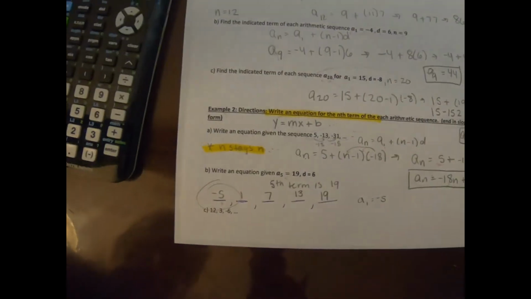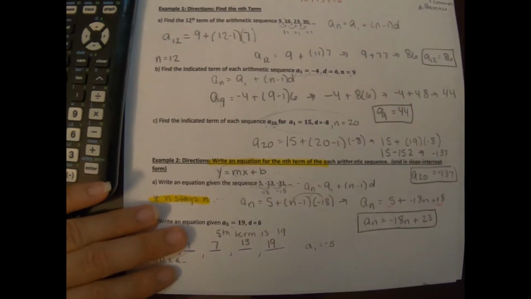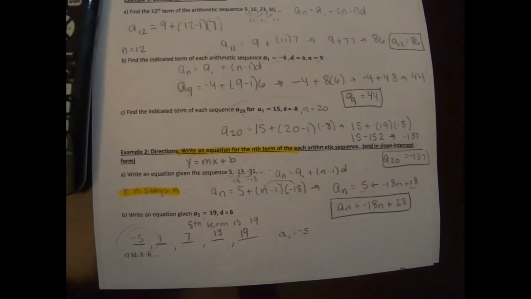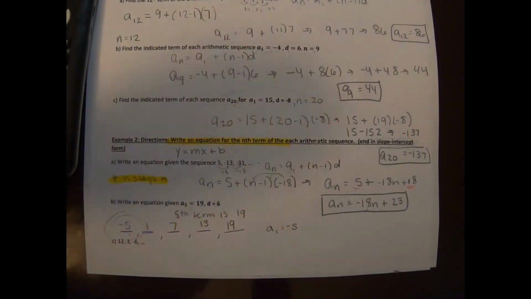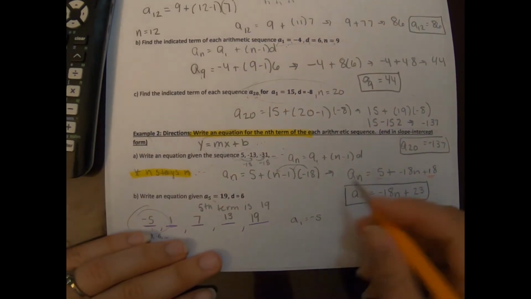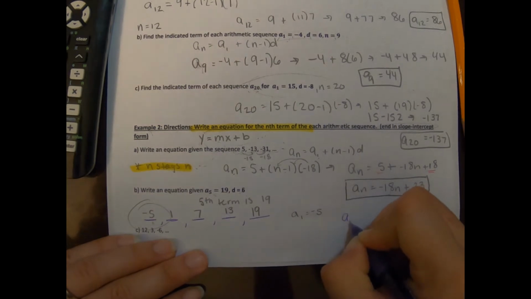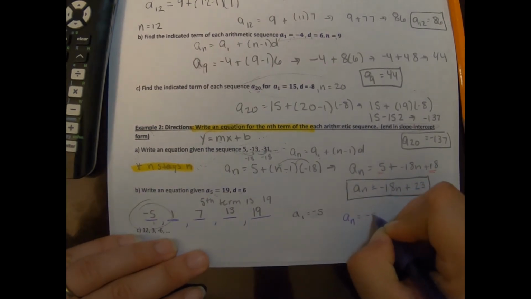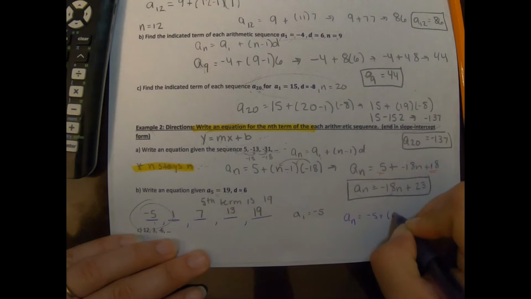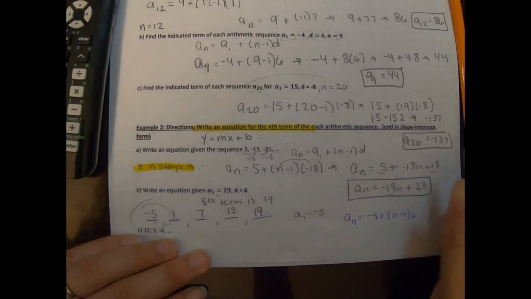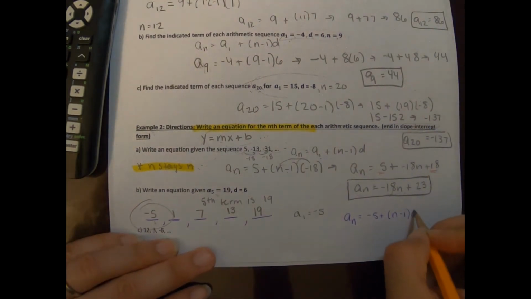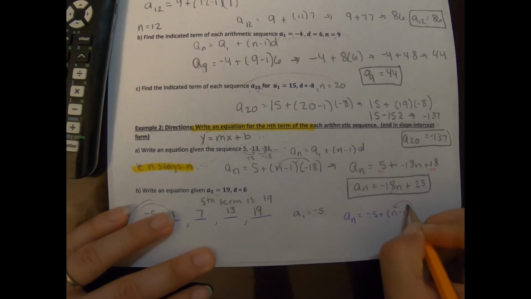Now I can use the formula. Sorry. Okay. All right. Let me switch to a pen. So our formula is going to be -5 plus n minus 1 times 6. And again, to rewrite this, you distribute backwards.